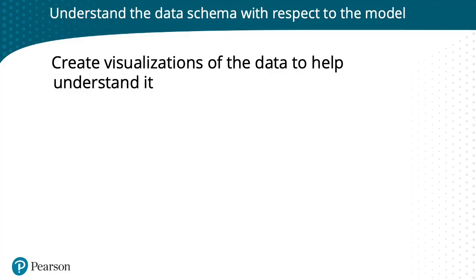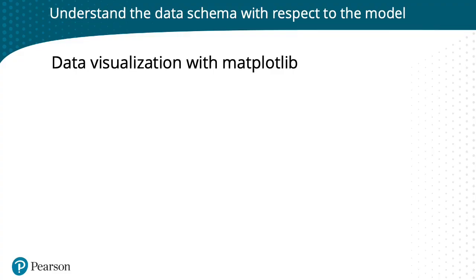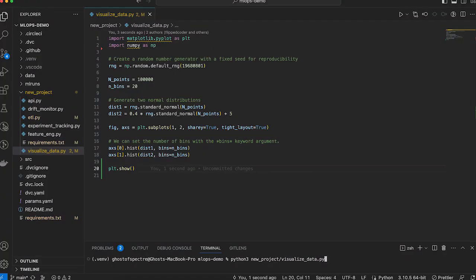But having a picture to show everyone exactly what you mean can save so much time, and it can honestly bring in some extra understanding or insight that you might not have gotten just from looking at raw numbers. So let's take a quick look at an example of a data visualization with Matplotlib.